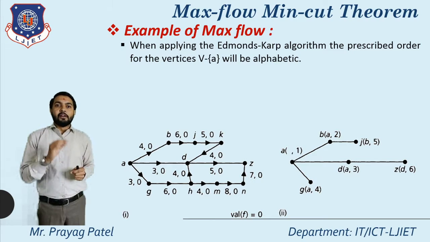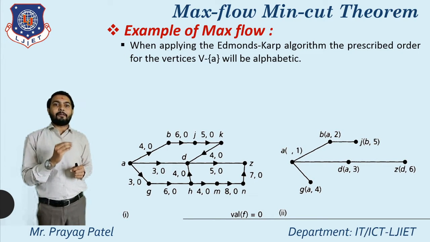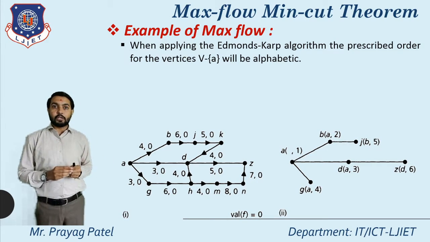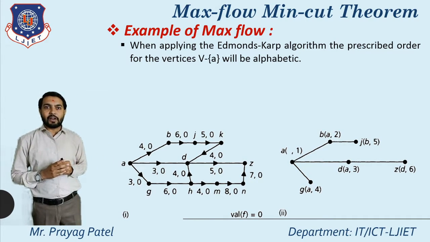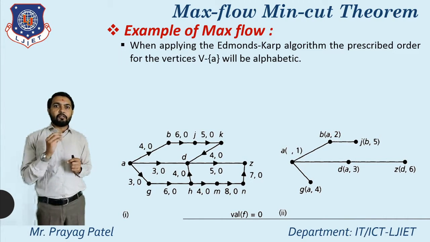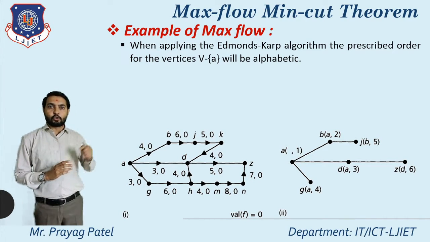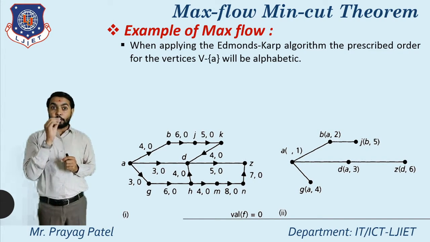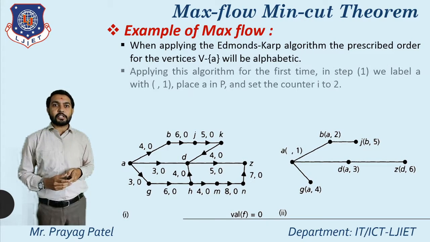Now visit the nodes one by one in alphabetical sequence. Node A has 3 neighbor nodes available: B, D and G. So visit them one by one in alphabetical order. First we visit B, so A to B. Now for B, what is the labeling process?